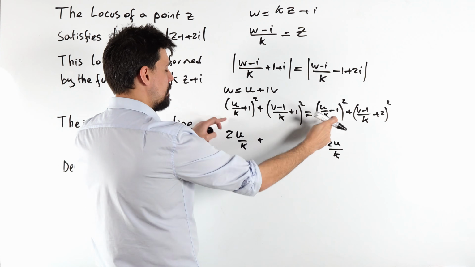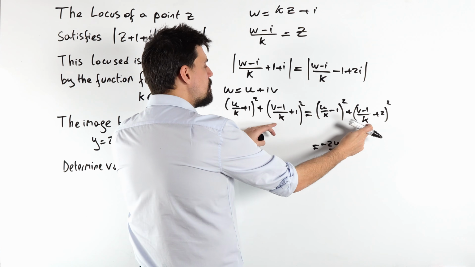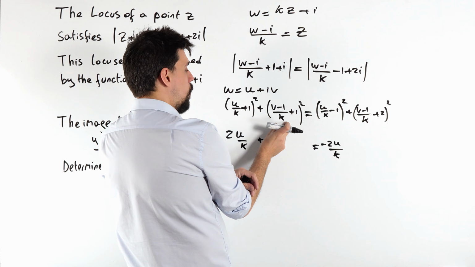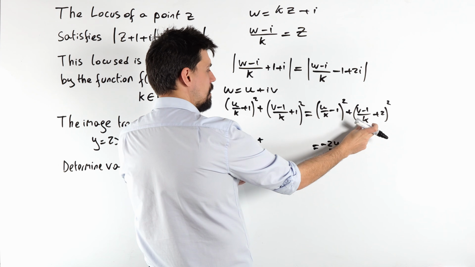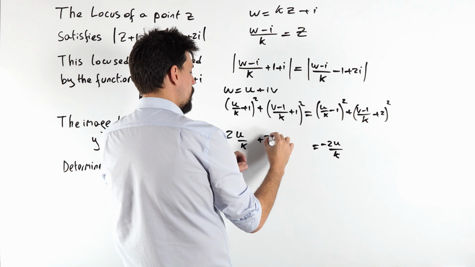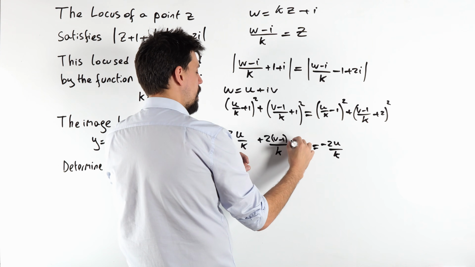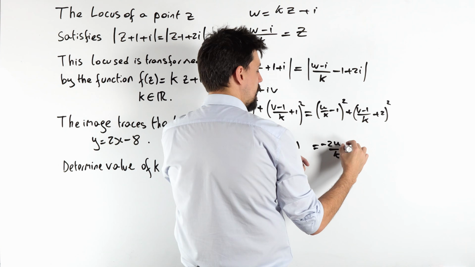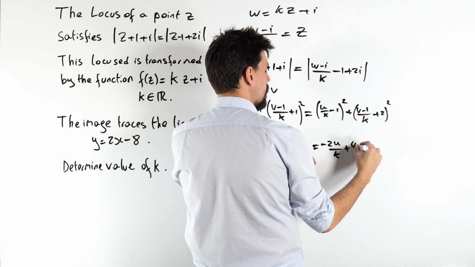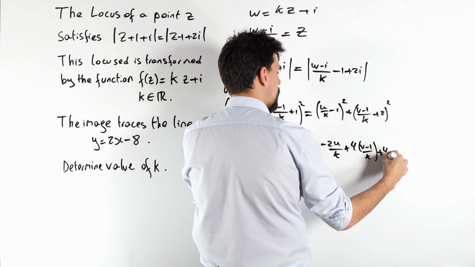Just cancelling out the bits of these that will cancel out. Same sort of thing happens here. I've got a v minus 1 over k, which will get squared, a v minus 1 over k that will get squared. They will cancel out. So I'll end up with a 2 lots of v minus 1 over k, and I'll get a plus 1. And here I'll end up with 4 lots of v minus 1 over k, and I'll get a plus 4.